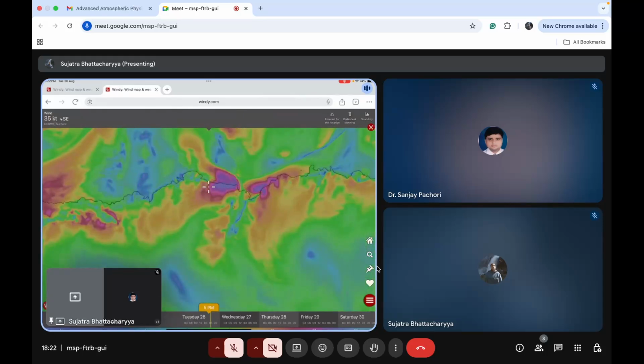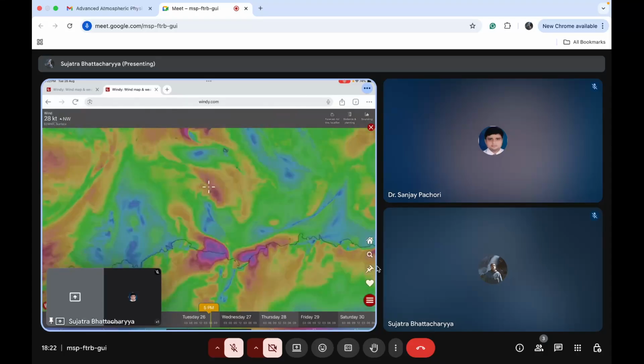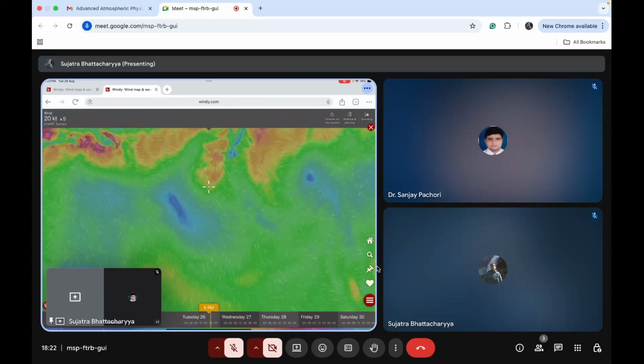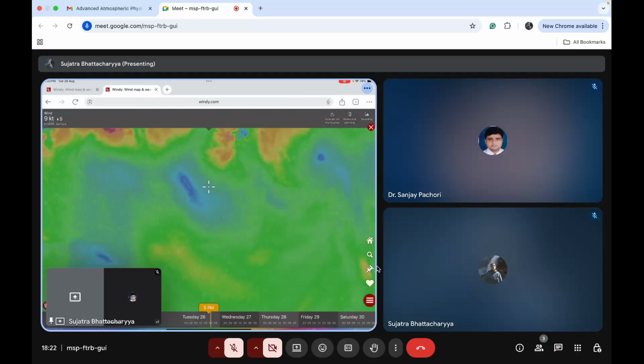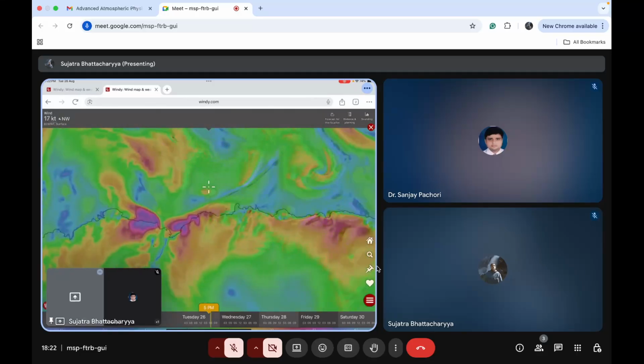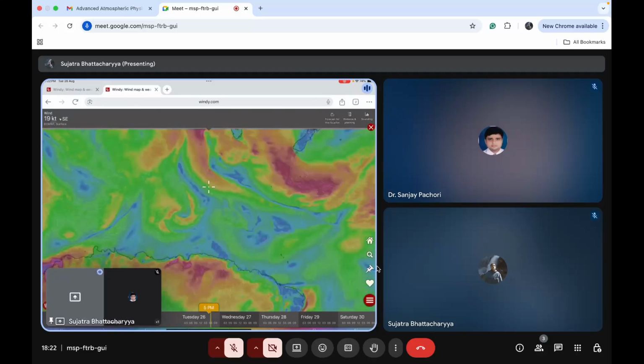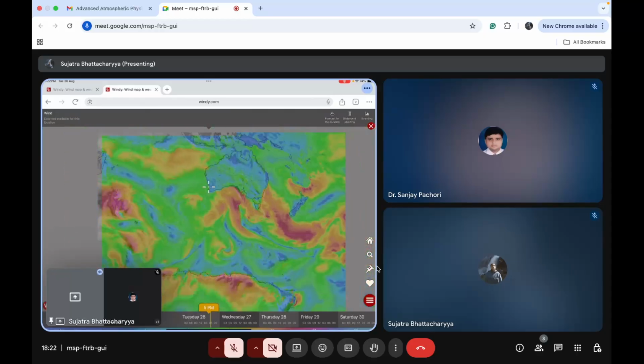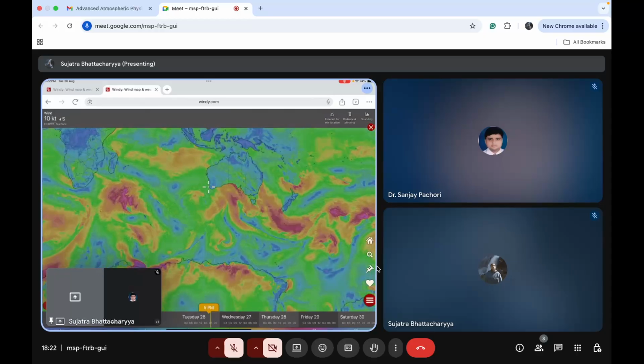Okay, so the entire world, if you see further to the south, I think it is too much. Yeah. So what I have shown in the last, see this strong wind region, which is shaded violet or some darker shades.